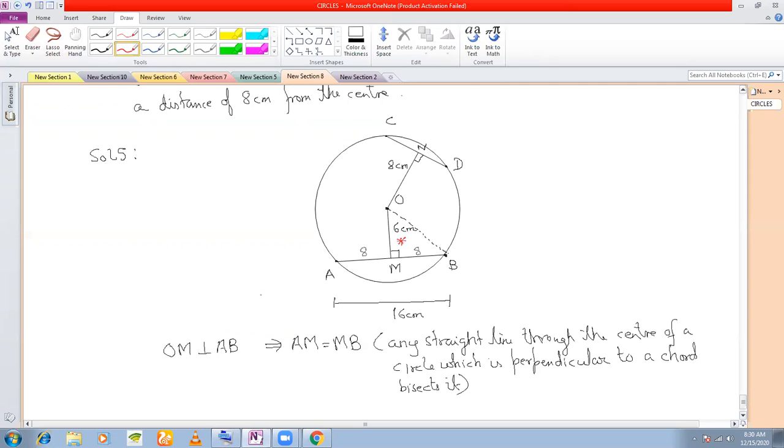In this right angle triangle, you have OM given as 6 centimeters, and MB we have just calculated to be 8 centimeters. So you can calculate OB because it is the hypotenuse. So let's proceed to calculate OB.